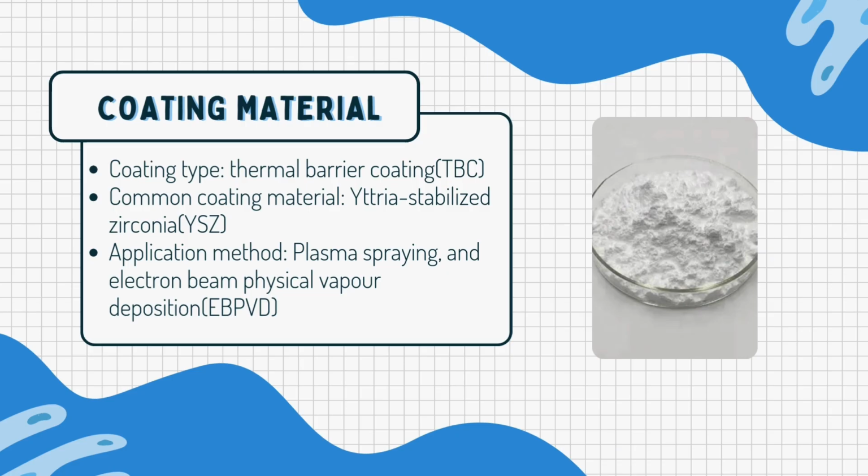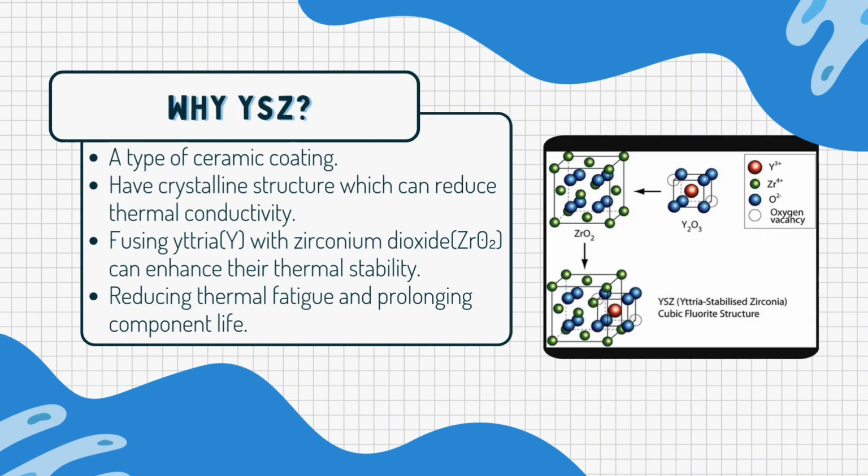The coating type is thermal barrier coating, known as TBC, and the common coating material is yttria stabilized zirconia, known as YSZ. The application methods for the coating material are plasma spraying and electron beam physical vapor deposition. Why YSZ?